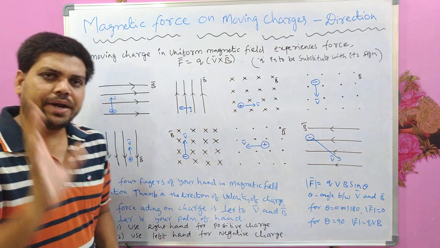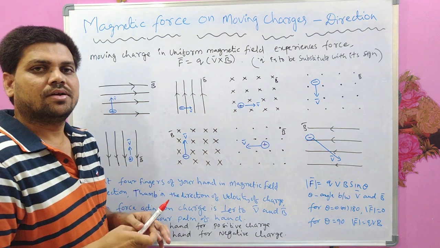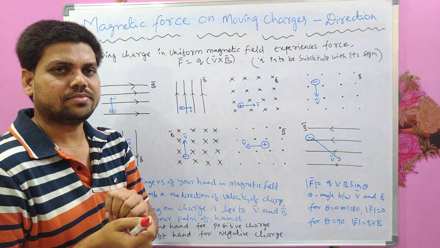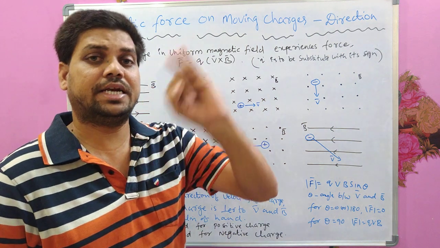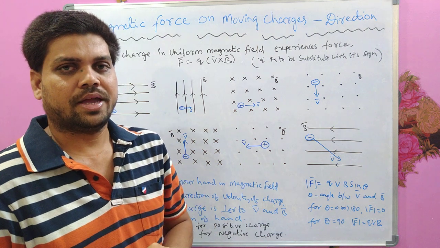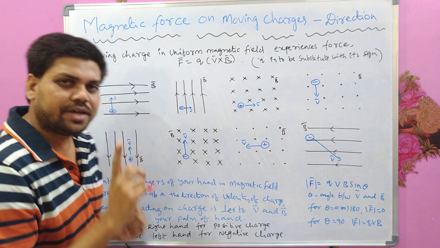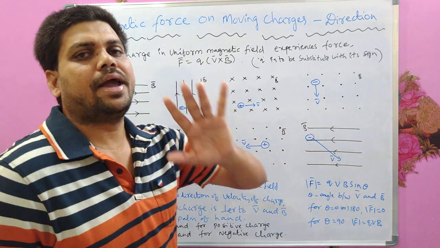Remember, before you predict the direction of the magnetic force on moving charges, first observe two things. One is what kind of charge it is, whether positive or negative. The second is the angle between the velocity of the charged particle and the magnetic field.